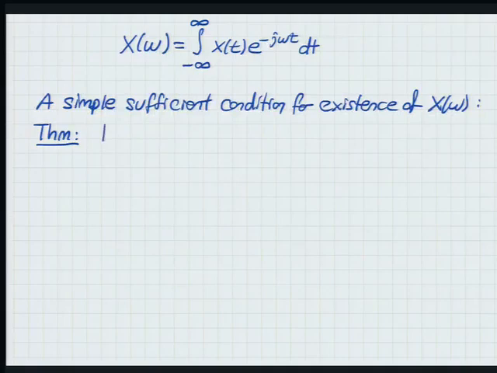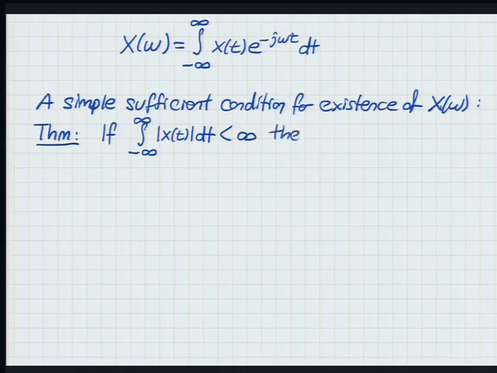The condition is absolute integrability of x, which means the integral of the absolute value of x of t dt exists, converges to a number. So we will succinctly write this as less than infinity, okay? If that notation is not too offensive to you.